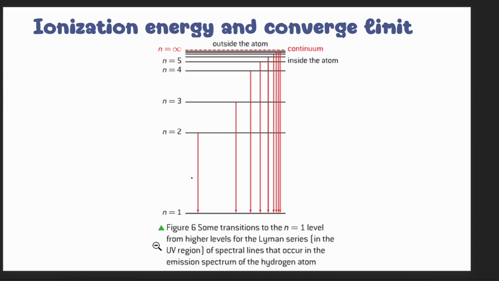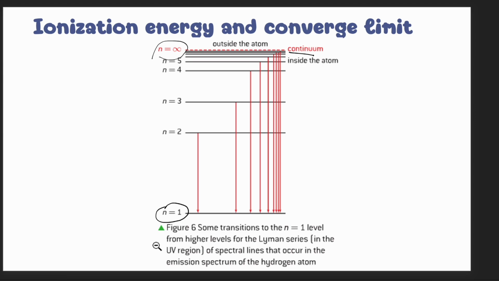Here is the figure about transitions of electrons from n equals 1 to n equals infinity. Right, at the convergence limit, the lines merge or converge to form a continuum.